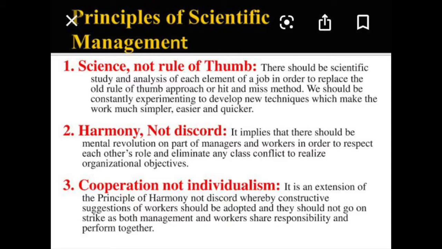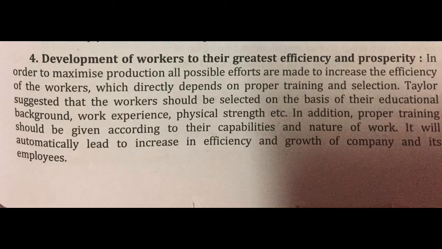So, moving on to the next and last principle, that is development of workers to their greatest efficiency and prosperity. This principle also states the same thing as in cooperation and individualism, that the right person should be placed at the right position. When they are placed at the right position, as explained earlier, they perform well, right?